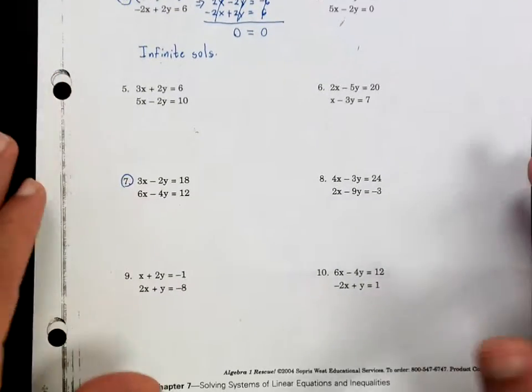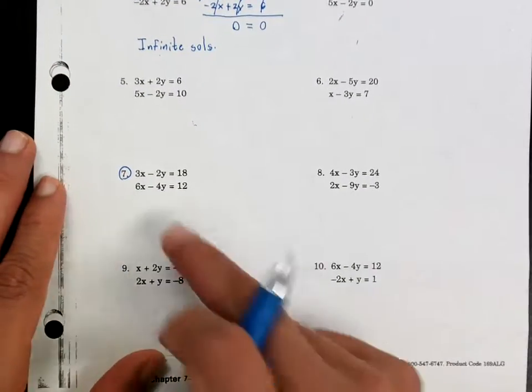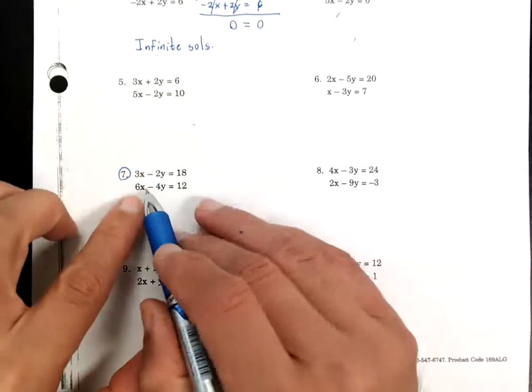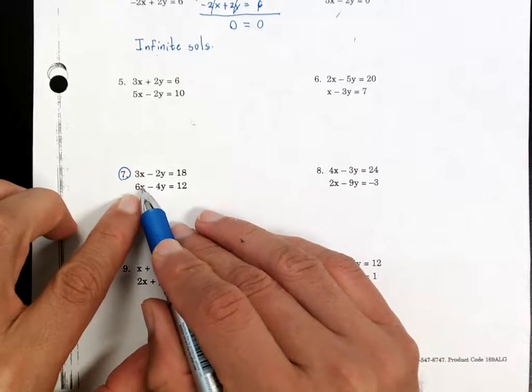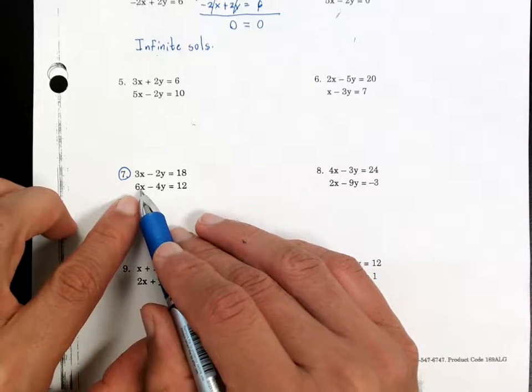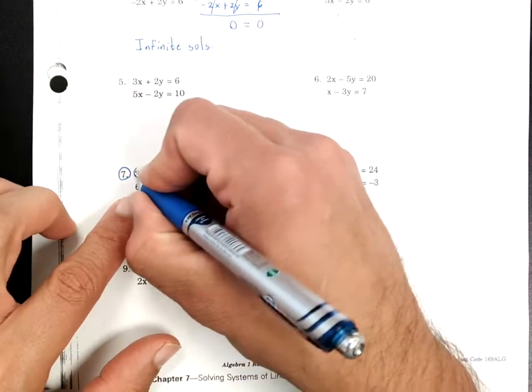All right, number 7. Same thing. Notice that if I add this as it is, nothing's going to cancel. But notice that I know that 3 and 6, right, if I multiply this times a 2 or times a -2, that would cancel this x. So maybe I can see that.